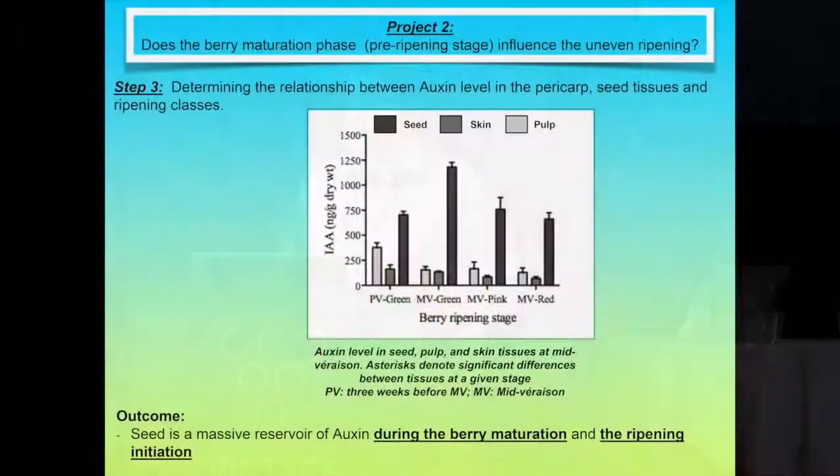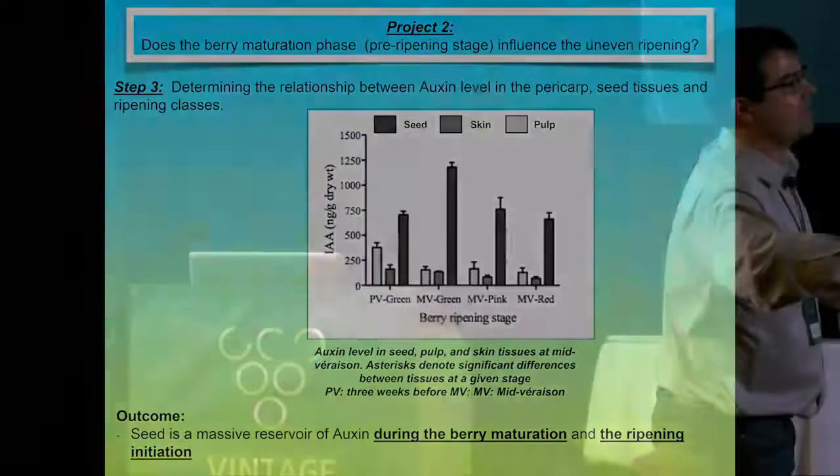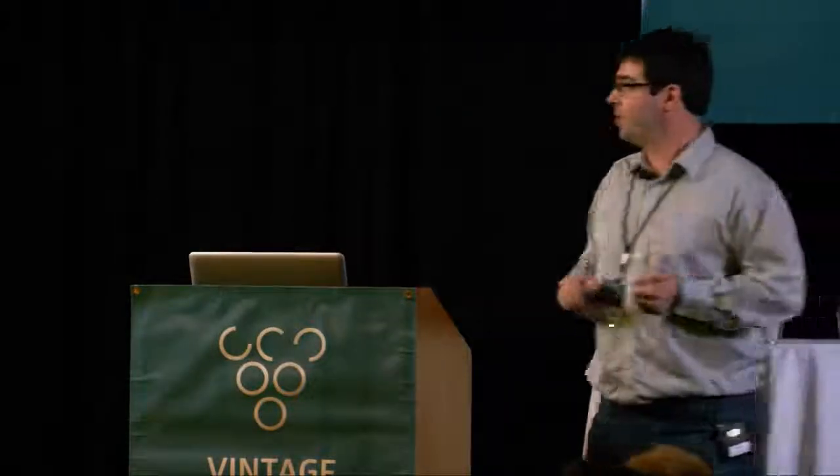So we tried to correlate that to hormone contents. And what we observe when we look at the hormone contents of auxin in the different tissues at maturation and during the ripening initiation is that the seed is a massive reservoir of auxin. You can see in the black bar the content of auxin at different stages of ripening initiation and during berry maturation, compared to the other two tissues that do not contain so much auxin.